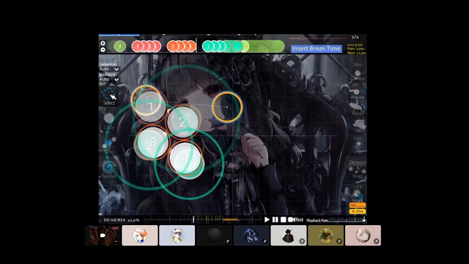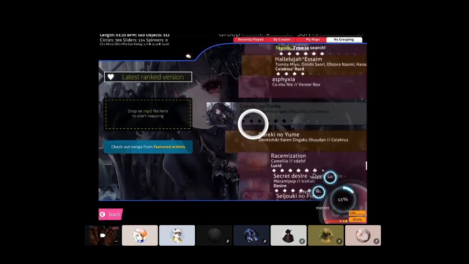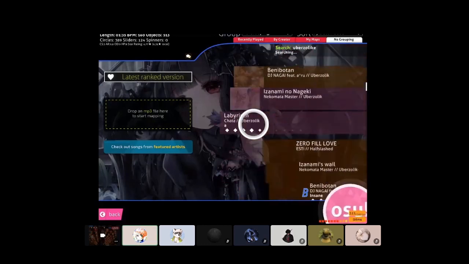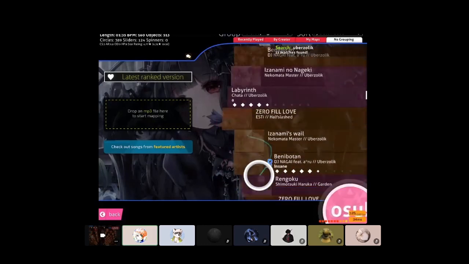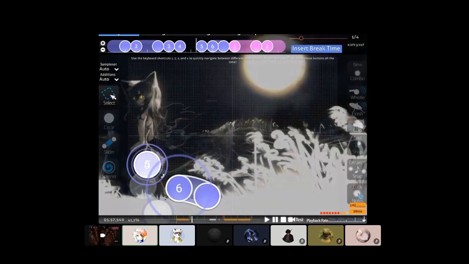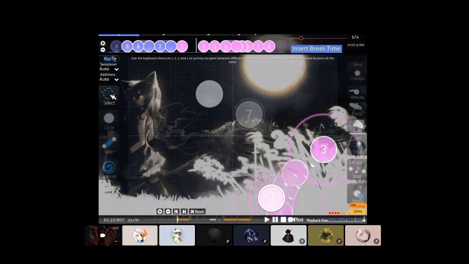Another interesting, or maybe better, example would be a lot of maps by, say, Junsan, aka Evil Elvis, or Uberzolik. Uberzolik specifically showed me an example, or I asked him for one. Where is it? Oh yeah, I think I can find it here.